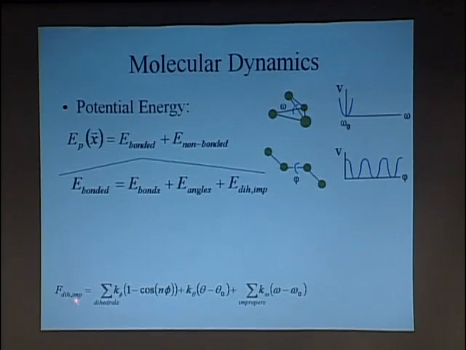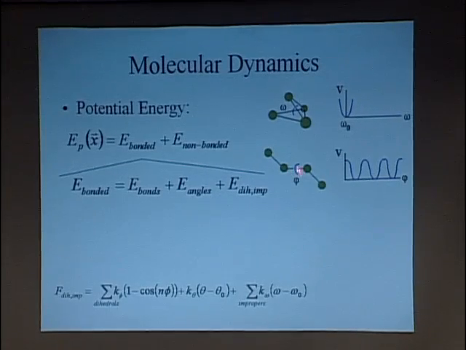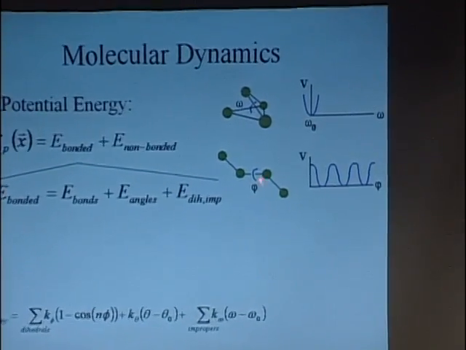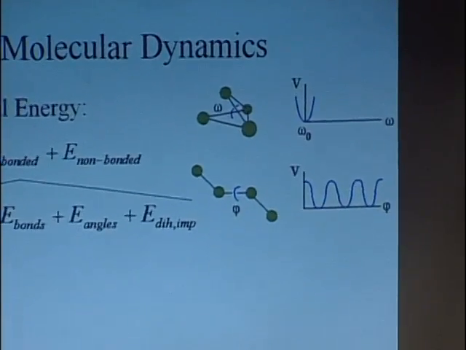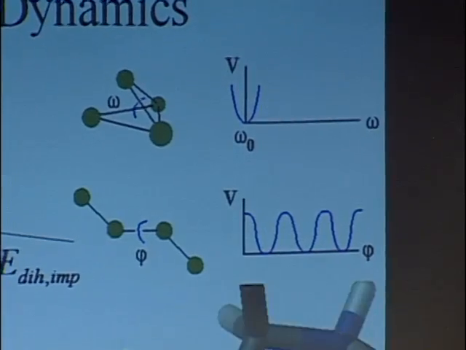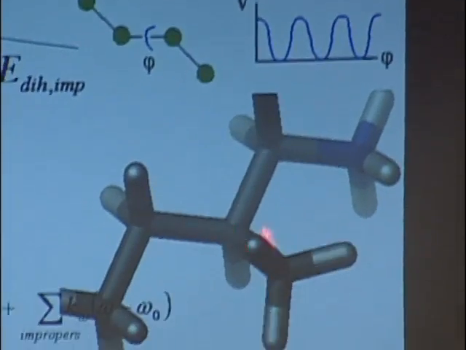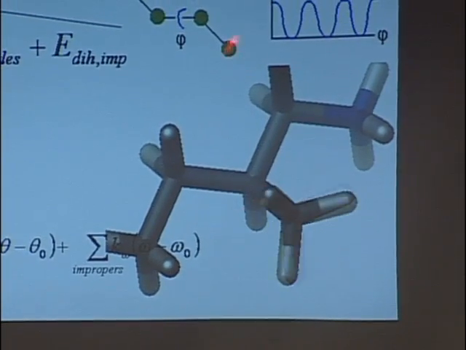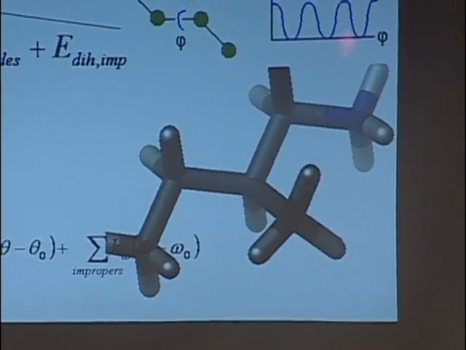And an actual dihedral is the rotation along a bond between the two central atoms. And this energy term has actually a cosine form. So as you rotate along this bond, say for example, the energy will vary sinusoidally.